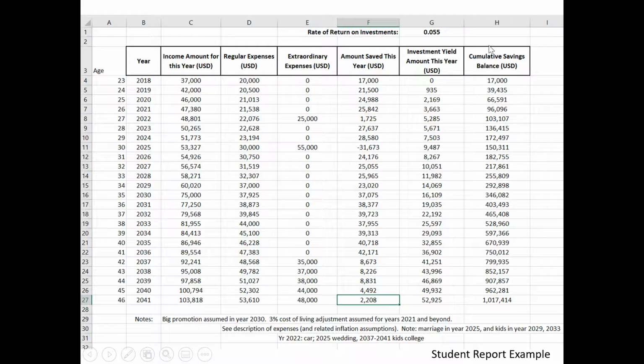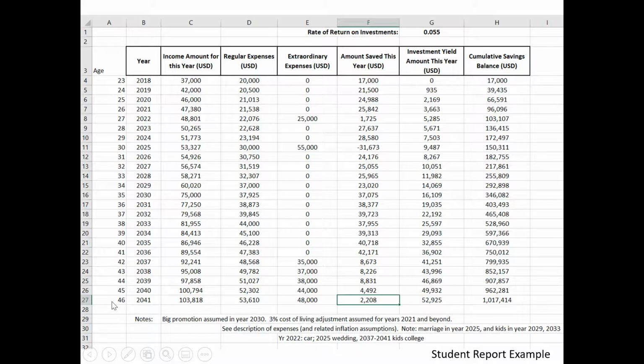So you need to study the format and layout of this spreadsheet, and if you have any questions about how it's calculated, let's get together, because I really want everybody to get the right idea for calculating the cumulative savings balance. The one thing is that this didn't continue longer, because I just wanted to bring it up on the screen now, but you need to go beyond age 46.